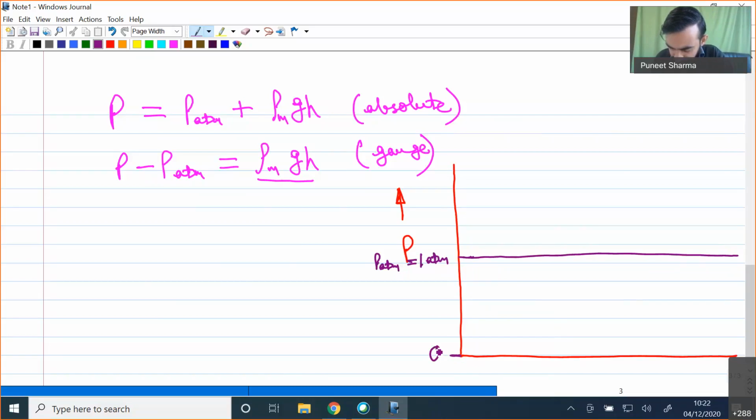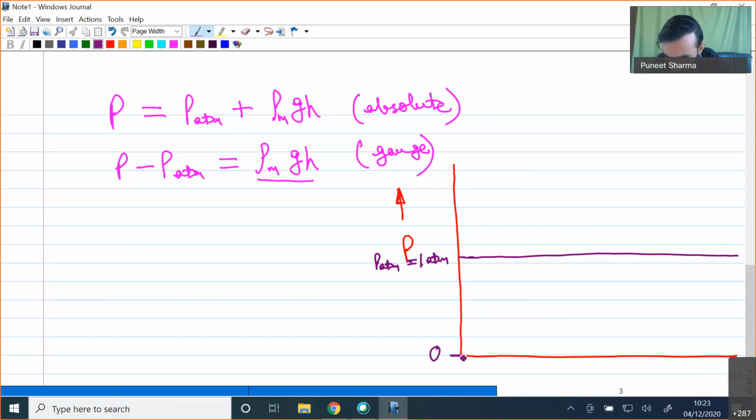This is my line corresponding to atmospheric pressure, and this bottommost line corresponds to zero pressure. We know that pressure is caused by the collisions between the molecules, so pressure will be zero when we do not have any medium present. If we have absolute vacuum inside a container, we will have zero pressure.